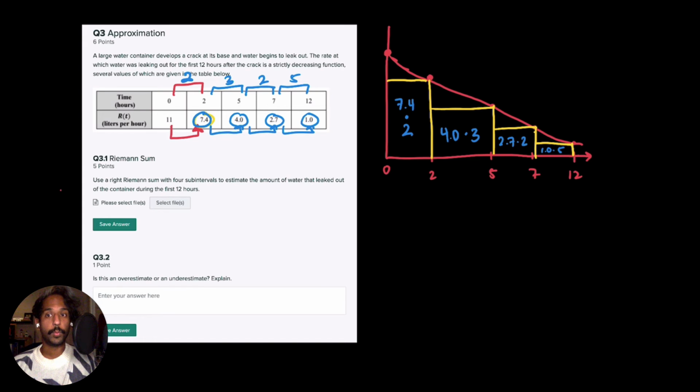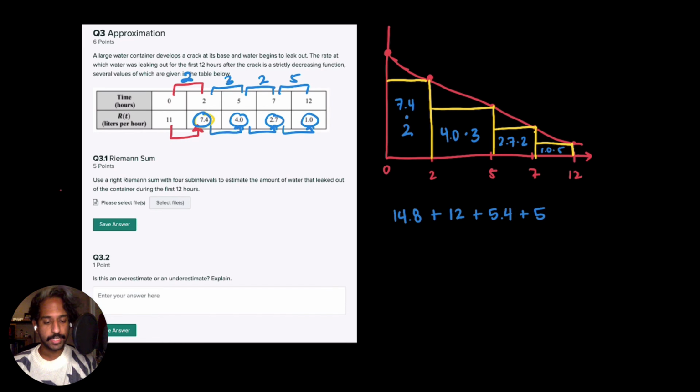Now, we use addition to add up these different areas. Actually, I don't need my calculator to figure out these values. 7.4 times 2 is going to be 14.8. 4.0 times 3 is 12. 2.7 times 2 is 5.4. And 1.0 times 5 is 5.